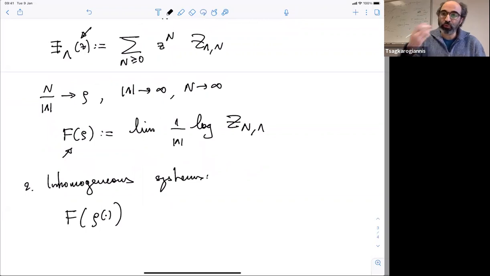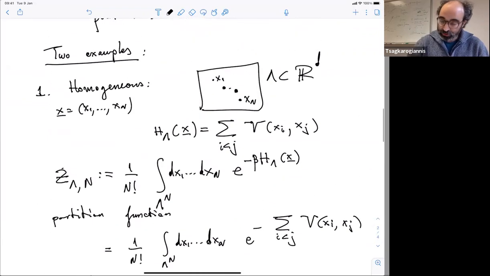So I need to put myself into a case where the quantity I'm looking at is not just the average of particles, number n divided by lambda, but it is something that varies in space. And I need to do that in a proper way.